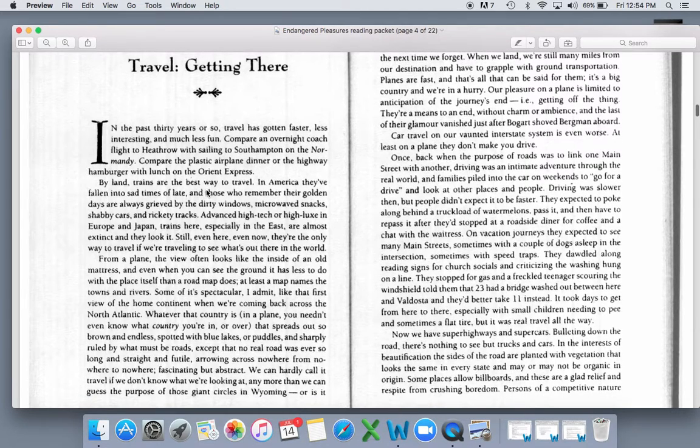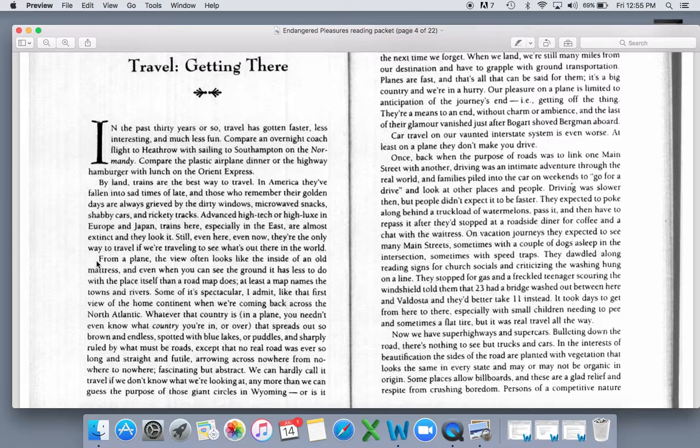So after a brief introduction, where she introduces the idea of trains, she introduces the idea of boating even, and flight, and then she moves on to her talk about the audience's preference to take planes or take cars.